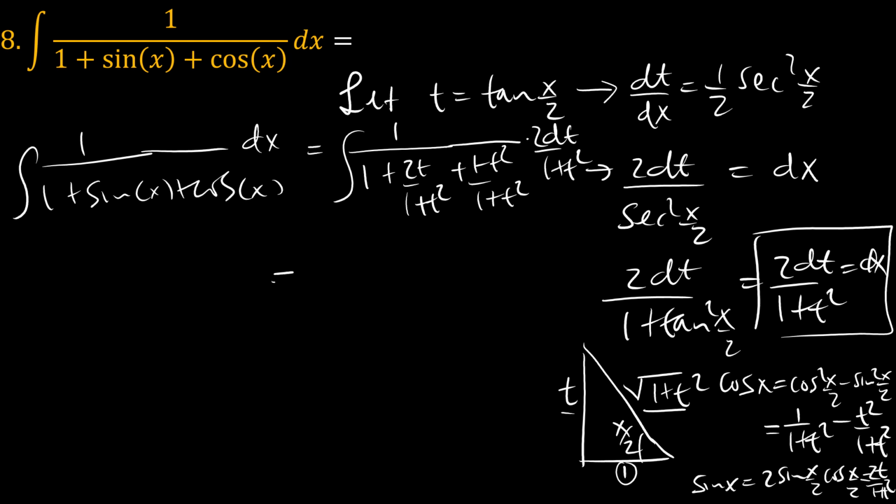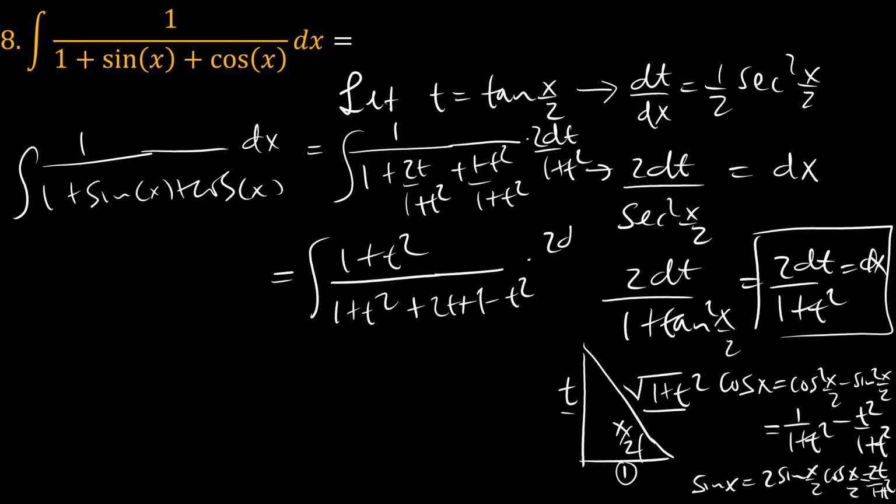So this is the same as when we multiply both the numerator and denominator by 1 plus t squared, we get 1 plus t squared in the numerator, and we have 1 plus t squared here, plus 2t plus 1 minus t squared, 2 dt over 1 plus t squared.